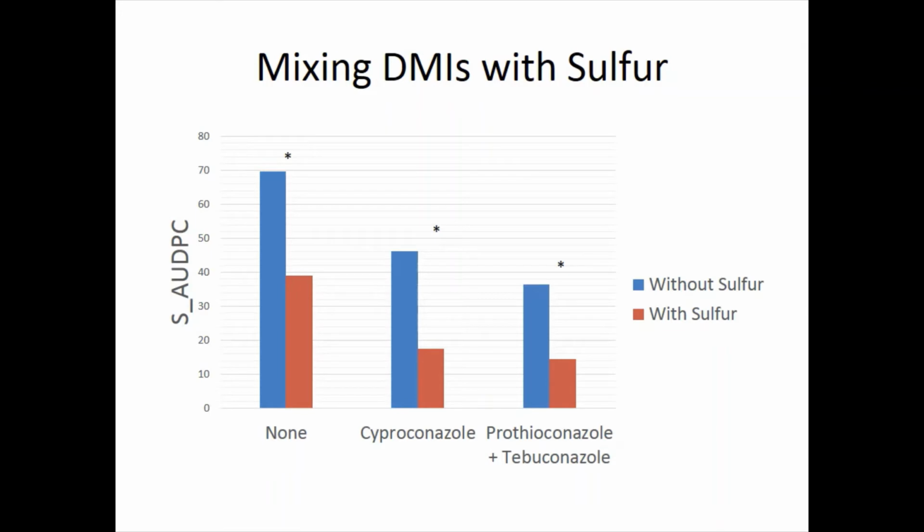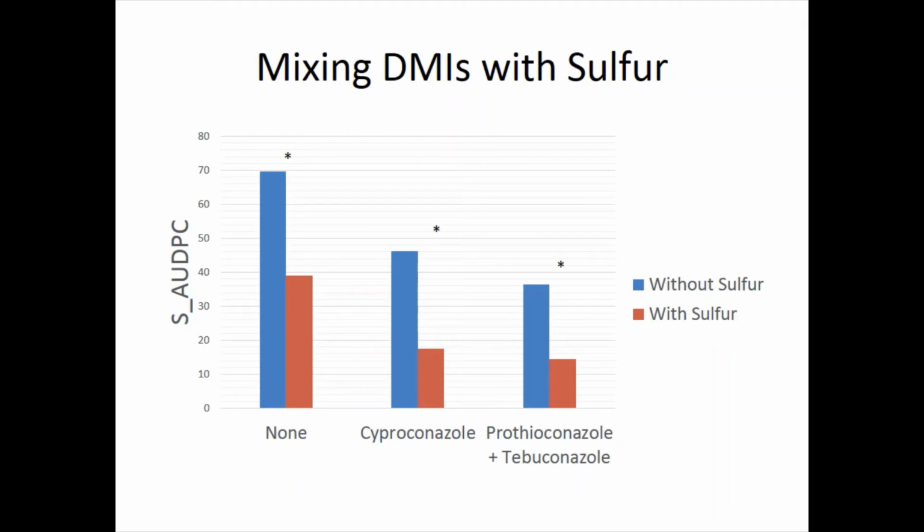What he found was that there was a significant reduction when sulfur was applied, either alone in this case or with 2 DMI fungicides, cyproconazole, and then a mixture of prothioconazole and tebuconazole.